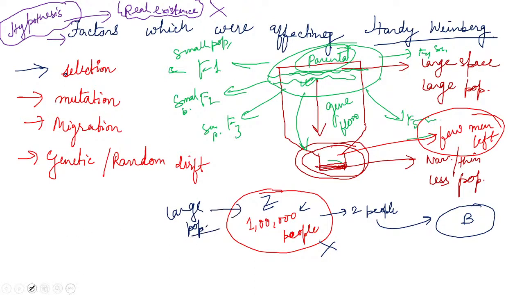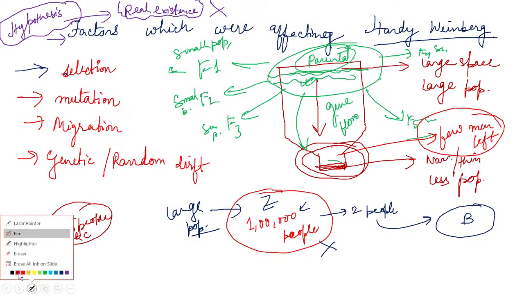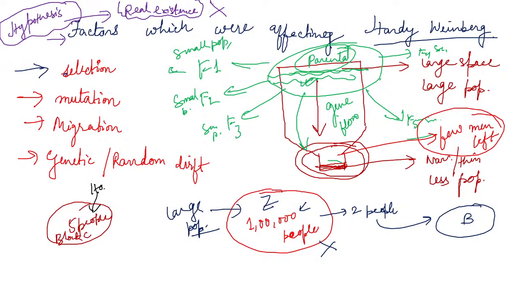But if there are 5 people living in a building, suppose in block C, and these people thought that this building is a horror place, and that they'll move from this horror place to another block.